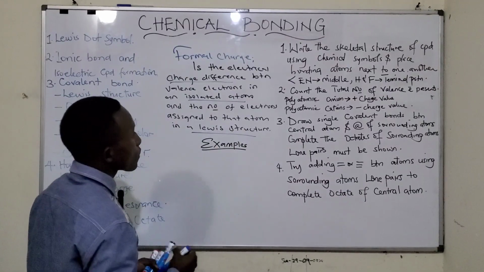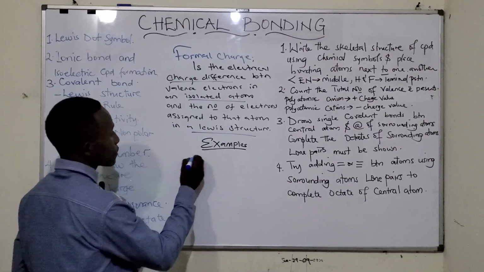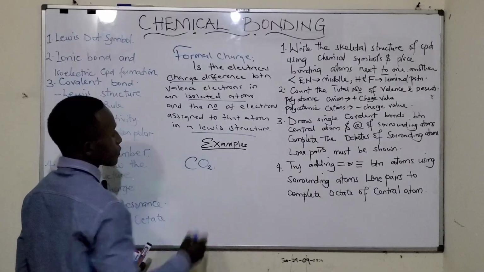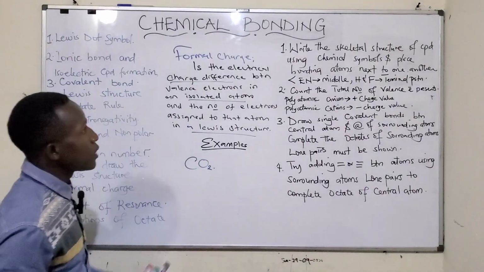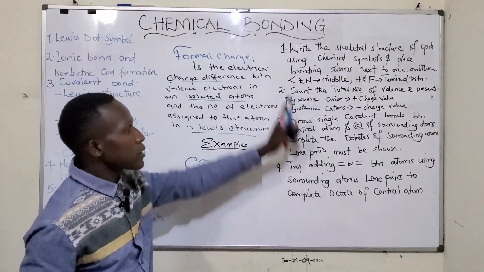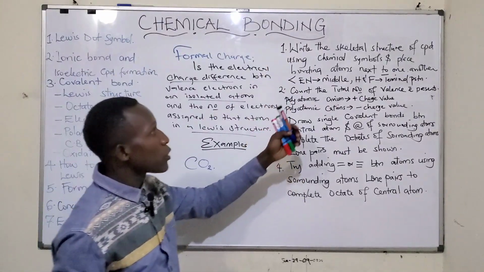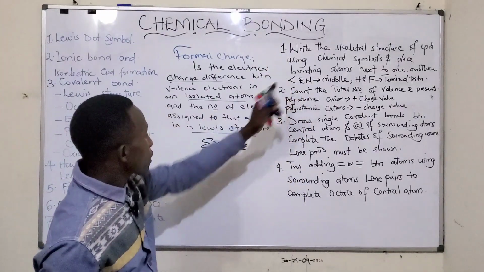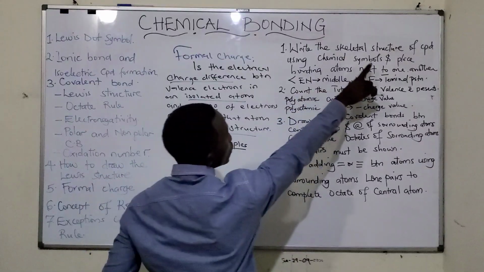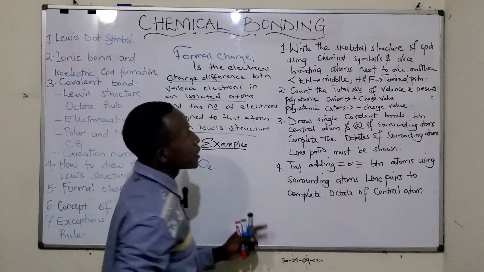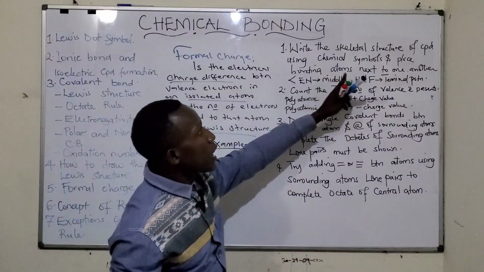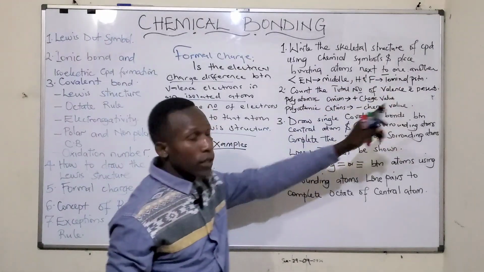First, let's use carbon dioxide. How can we draw the Lewis structure for carbon dioxide? These are the steps. I've summarized them such that we can all follow. First step, we draw the skeletal structure of a compound using the chemical symbols, and we place the bonding atoms next to one another.